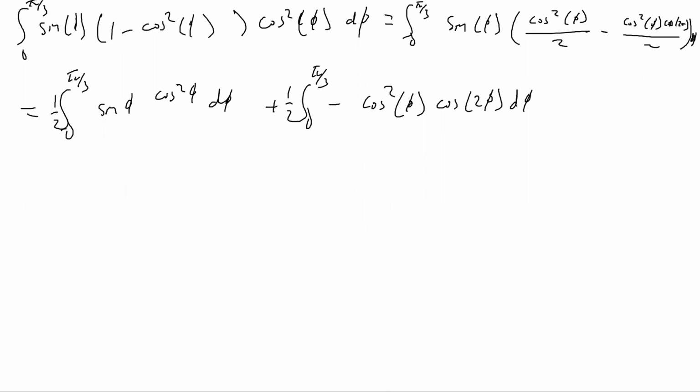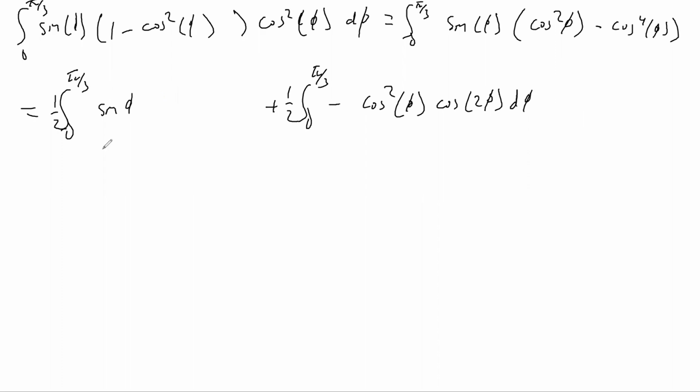And then for this part, it will just be sine phi times cosine squared phi minus cosine to the 4th phi. That should make it a lot easier. Oh wait, no, that stays the same. So that's just cosine squared phi d phi. Now this 1/2 is taken away, and then we have 1/2 taken away. That's minus.